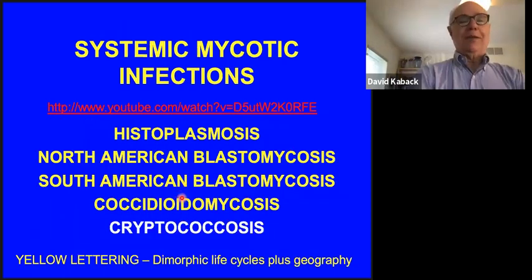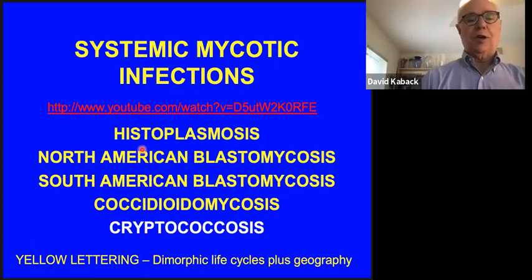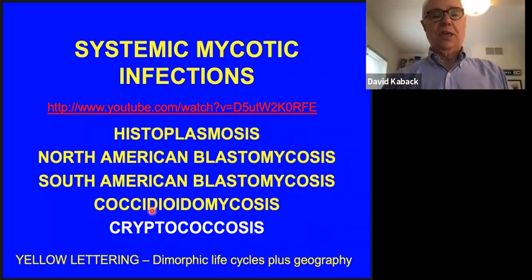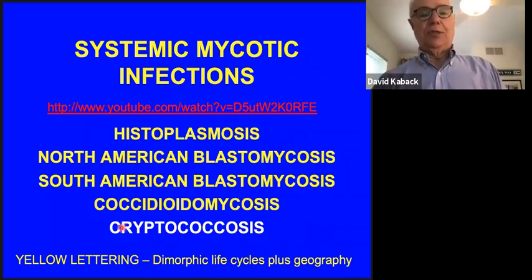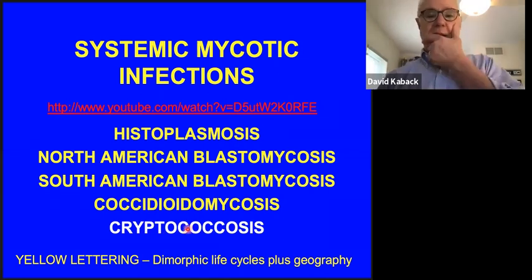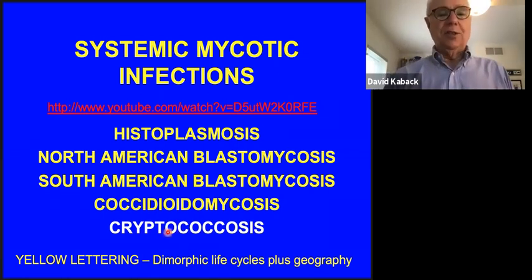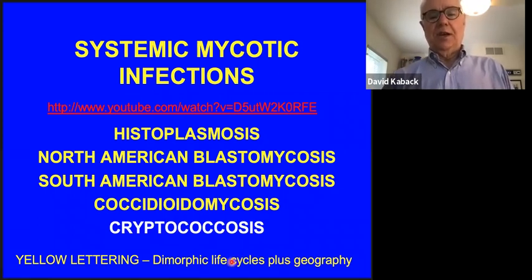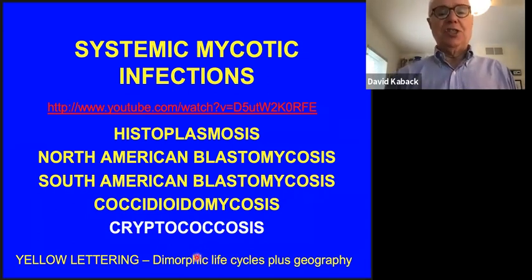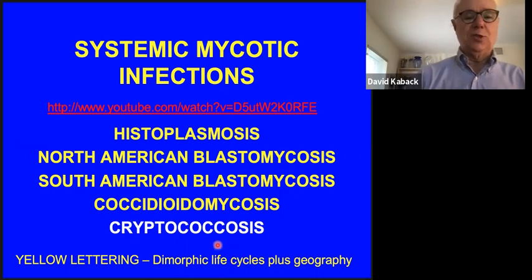What we're going to talk about now are systemic mycotic infections. At first, we're going to talk about these, which all present pretty similarly: histoplasmosis, North and South American blastomycosis, coccidioidomycosis, and cryptococcosis. All of these, including Cryptococcus, have dimorphic life cycles, as well as something about the geography of where you find these organisms.